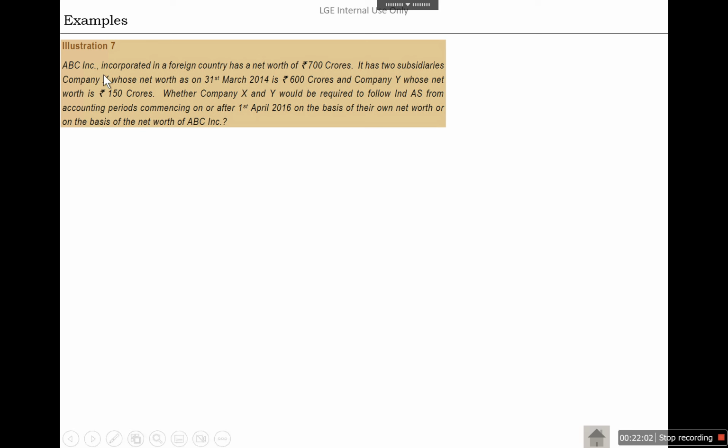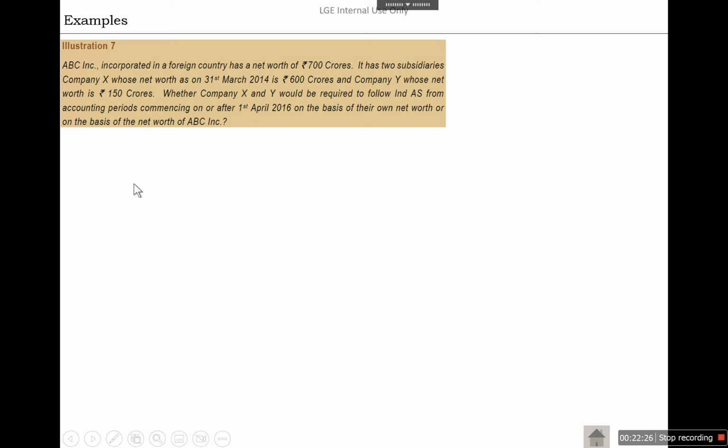Next, ABC is incorporated in a foreign country having a net worth of 700 crores, and it is having two subsidiaries: X, whose net worth is more than 600 crores, and Y, whose net worth is 150 crores. Whether X and Y would be required to follow Ind AS from the accounting period commencing on or after 2016, on the basis of their net worth or on the basis of the net worth of ABC.